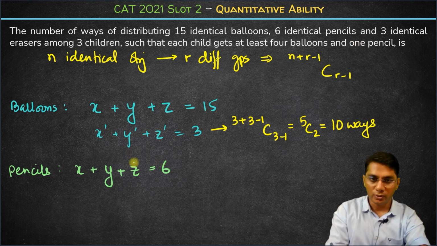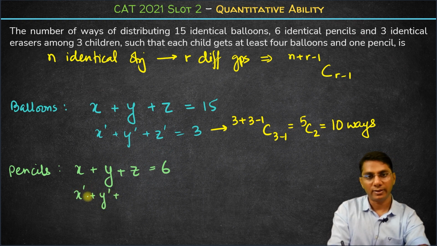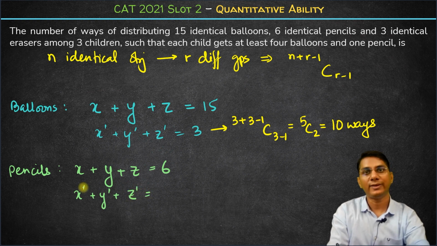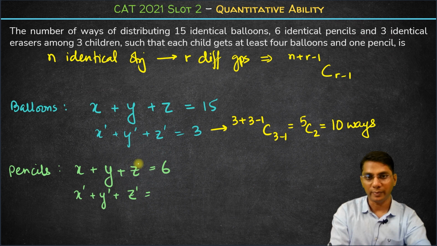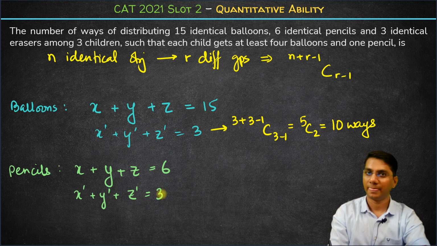So if you give 1 to each, and apart from that 1, each of them receives X dash, Y dash and Z dash more, the first child receives X dash more than 1 pencil, the second child receives Y dash more and the third child receives Z dash more than the 1 pencil they have already received. This total should be equal to the remaining number of pencils, which is 3, right?